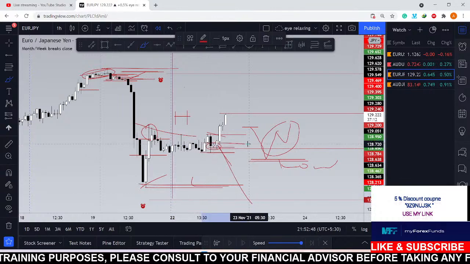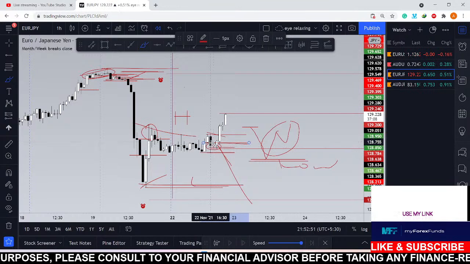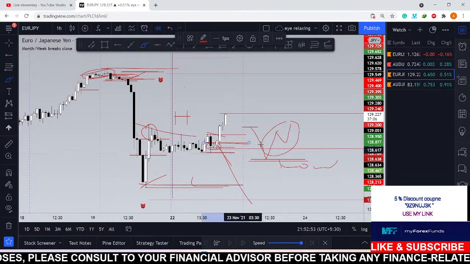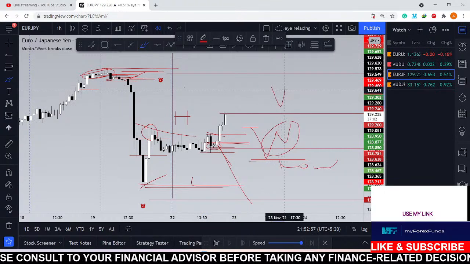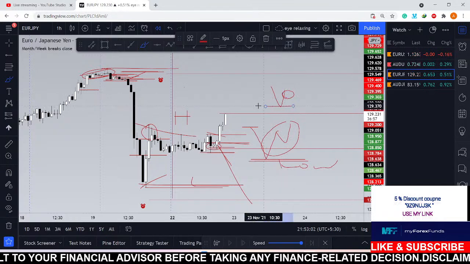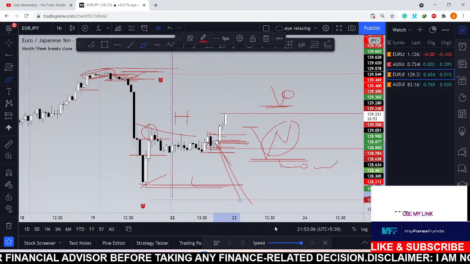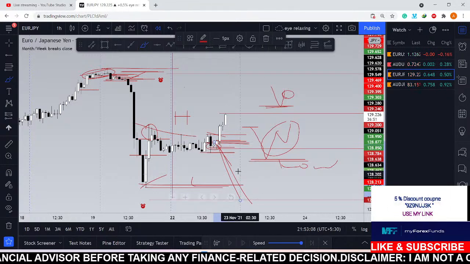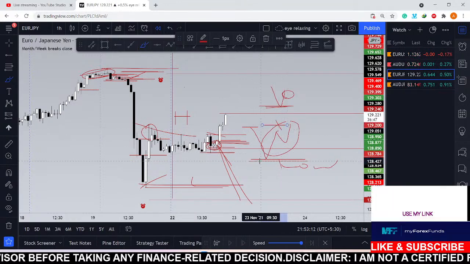Then this will be our most recent high, because this candle was not able to break the high, so that will be our most recent high in case the market comes down. It retraced from both ways, from the top and from the bottom.